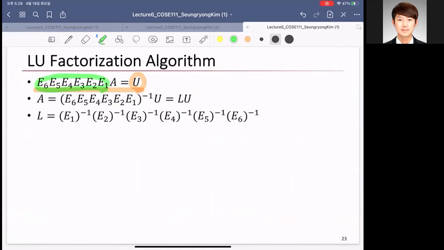Then let's multiply the inverse of this matrix to the left-hand side and right-hand side, and the left-hand side is going to be the original matrix A, and this is going to be the inverse of the whole product times U, right? And we already know this is going to be E1 negative 1, E2 negative 1, E3 negative 1, E4 negative 1, E5 negative 1, E6 negative 1.